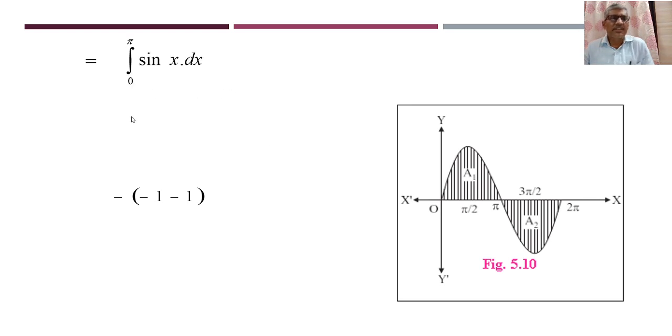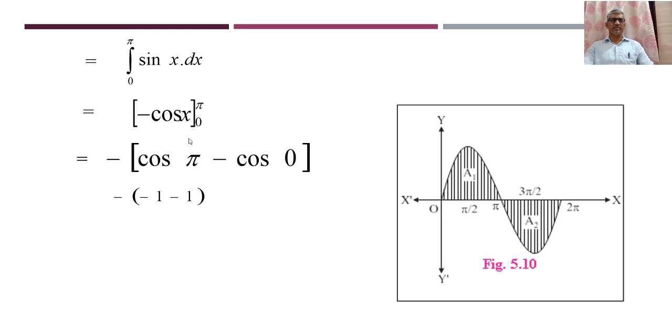See here, integration with limits 0 to pi. First find the area A1: from 0 to pi, the function is sin x dx, and the integration of sin x is minus cos x from 0 to pi, upper limit minus lower limit. The upper limit gives minus cos pi minus cos 0.